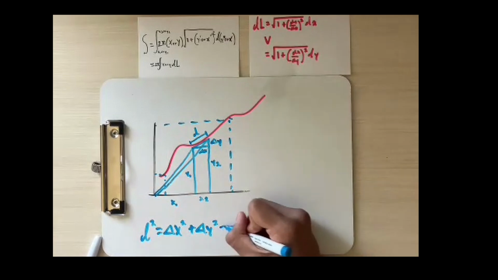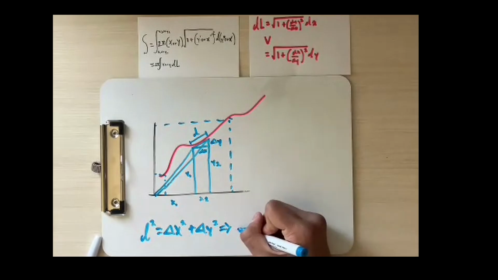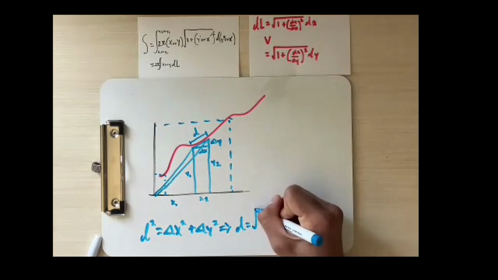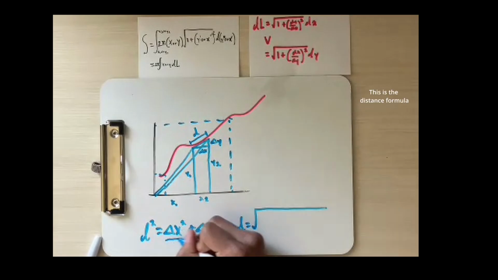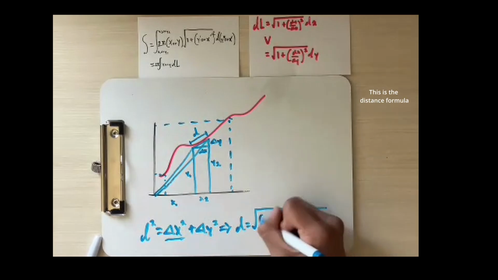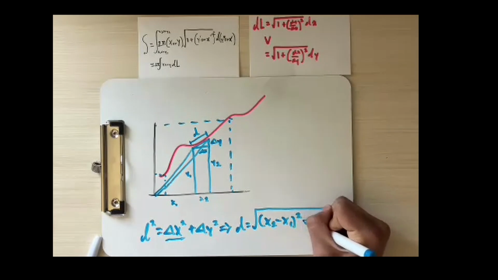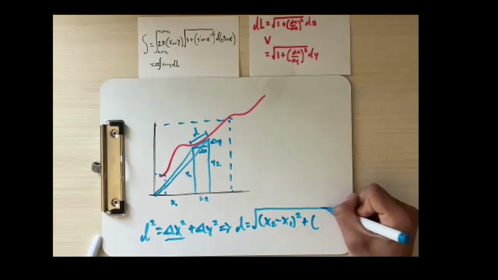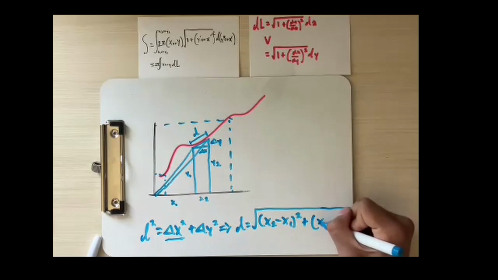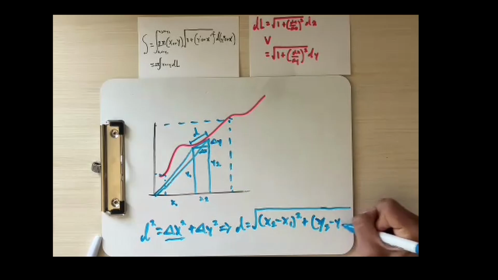And we can rewrite that. We can say that distance is the square root of, and remember that change in x is just equal to x2 minus x1 squared plus change in y, y2 minus y1 squared.